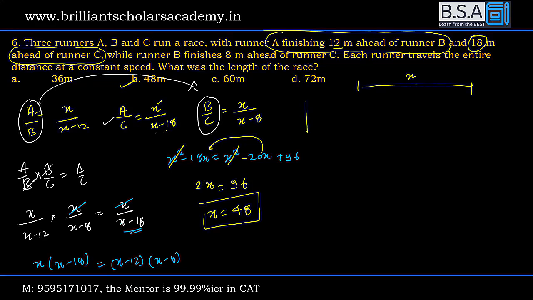This is method 1 and this is the simplest method. कोई दिमाग नहीं लगाना. Assume the distance to be x. First create ratio of AB, AC, BC and then rearrange to find the value of x.